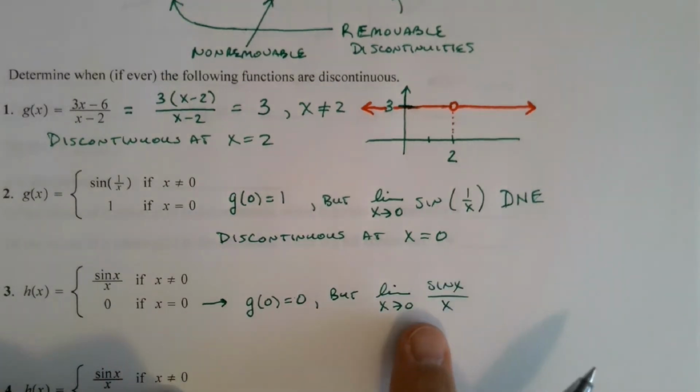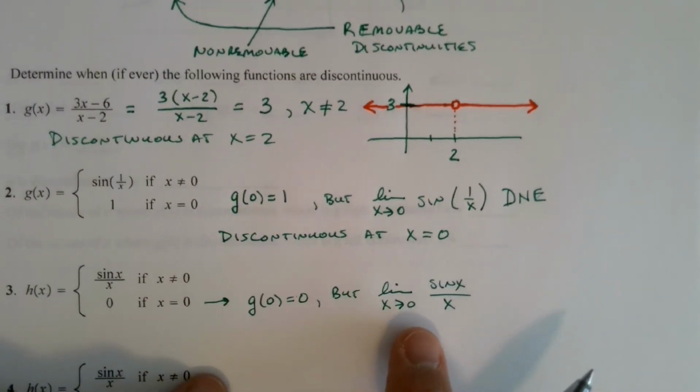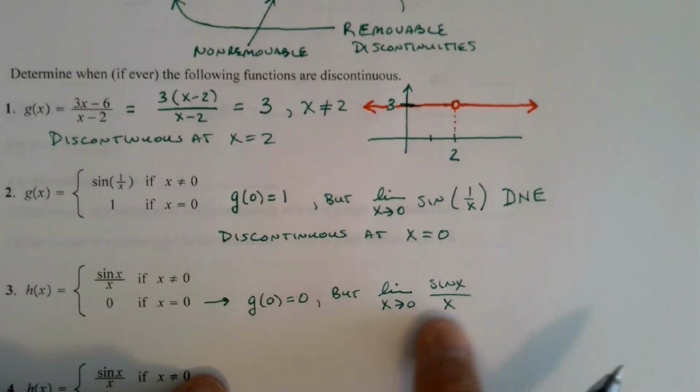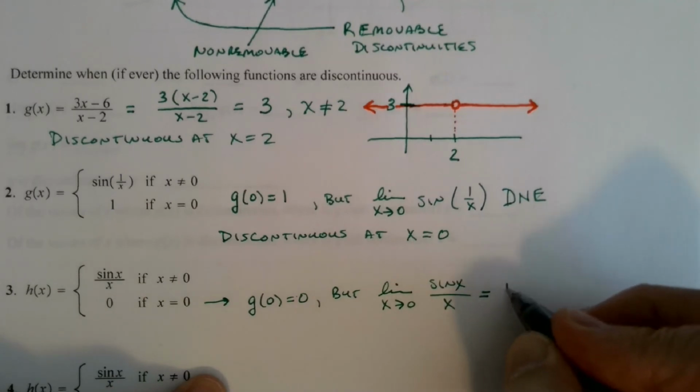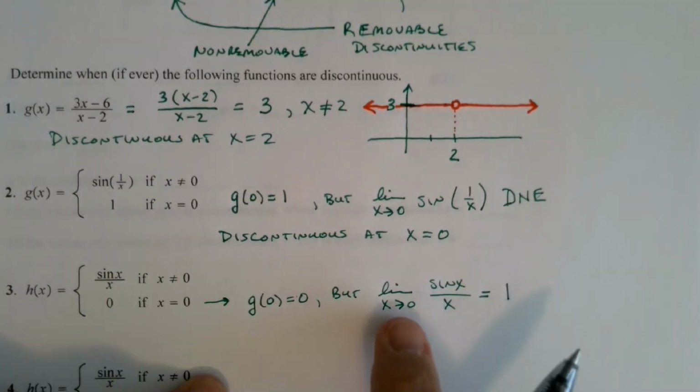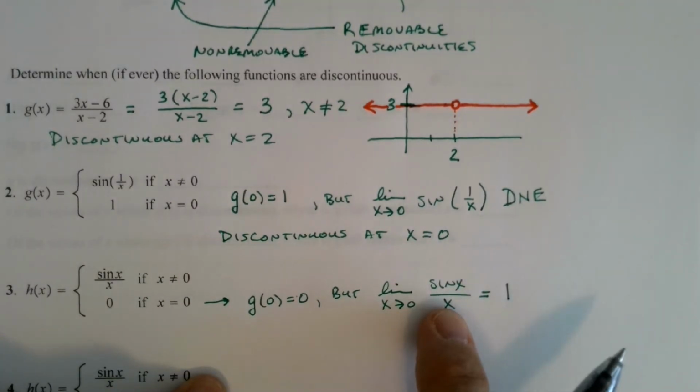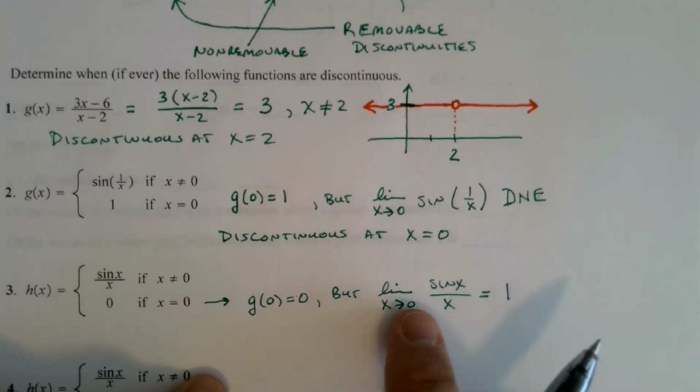Well, this one we also looked at in the video on finding limits numerically, and we did a table of values, and we showed that this limit apparently is approaching 1. Even though it's undefined when x is 0, the graph of the function is trying to obtain a height of 1. The limit is 1.